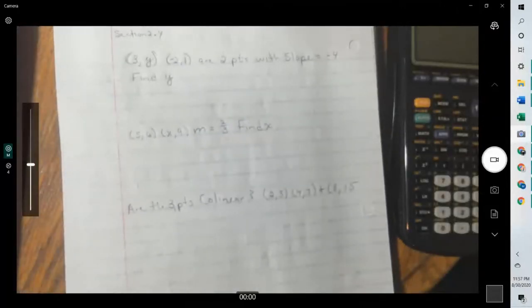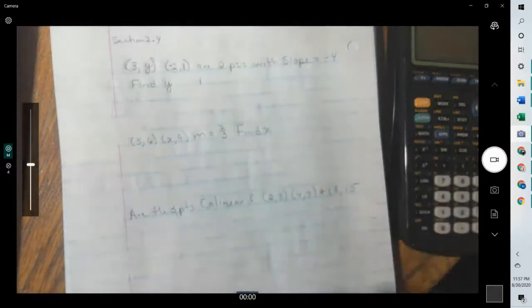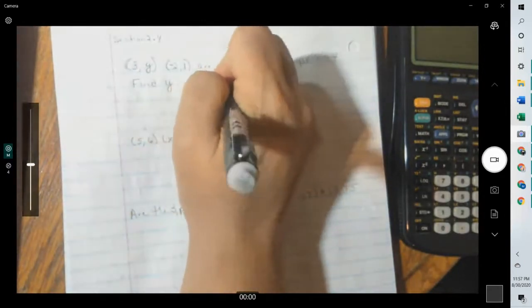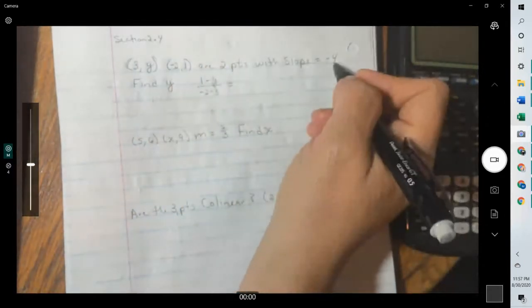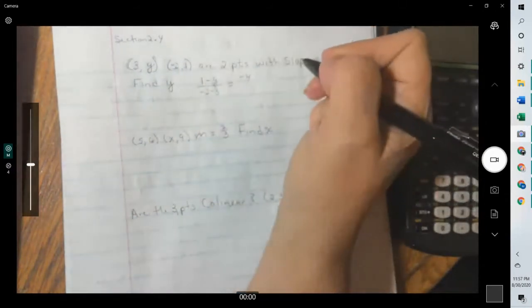Now, this one, they want us to find the missing value. But you're still using your slope. It would be 1 minus y over negative 2 minus 3 equals, and it said the slope was a negative 4. So then we can simplify.